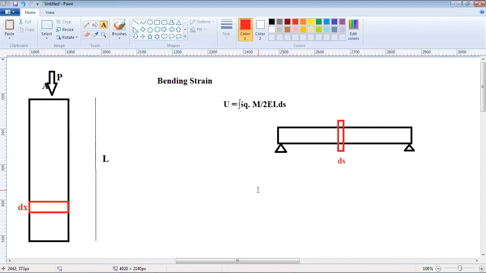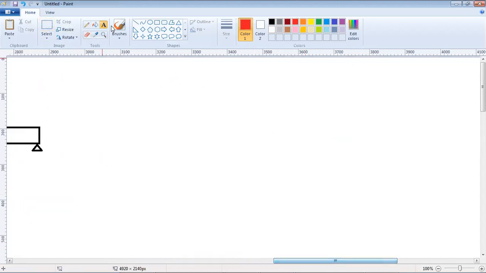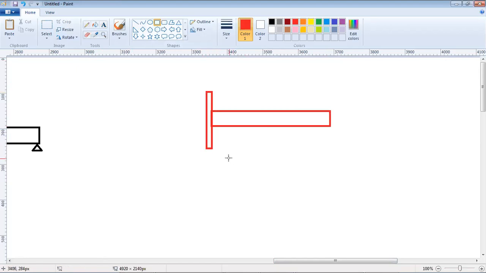Then where is this applied? What's the application of these formulas? Let us move into the application part. So if you have, for example, a cantilever, and you want to determine the deflection of this cantilever at this position.